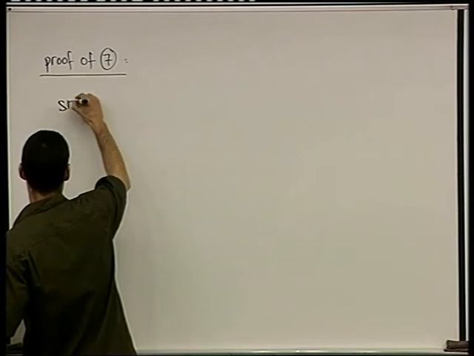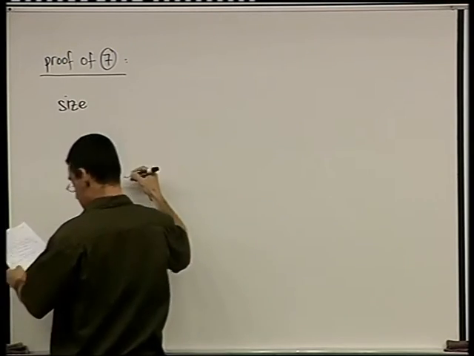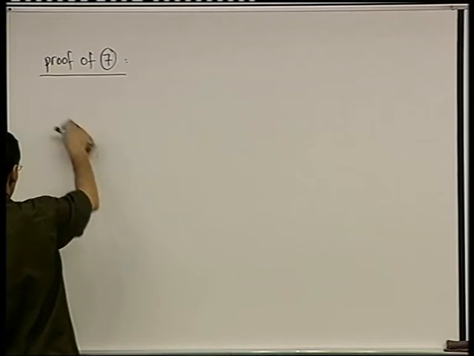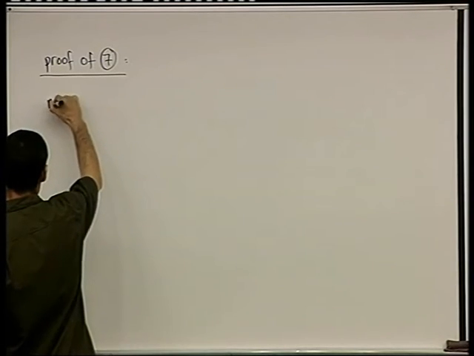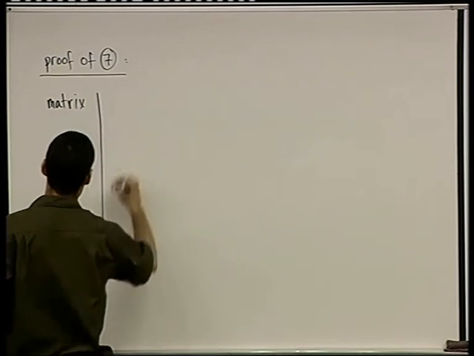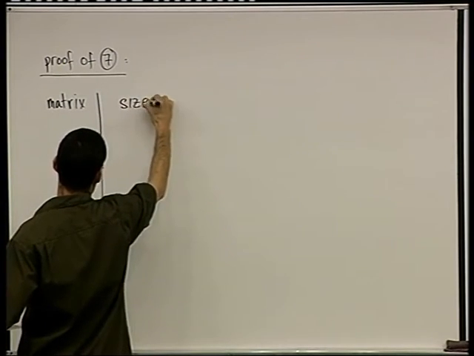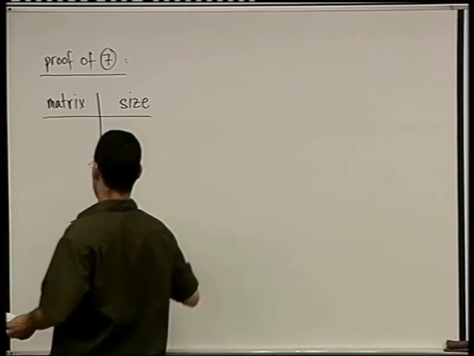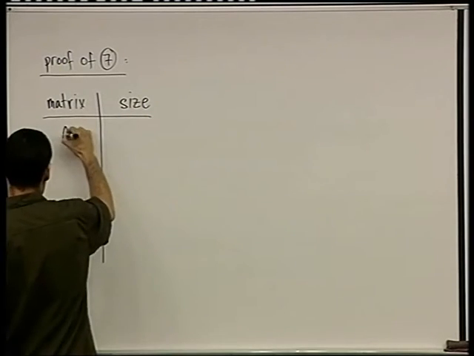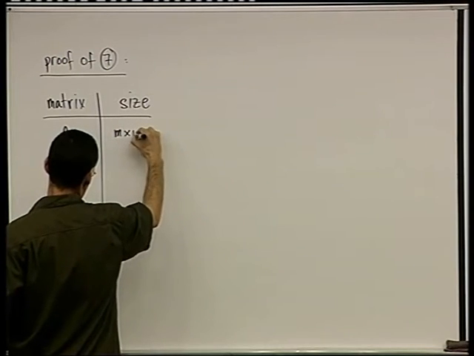So sizes. Let's do it like this. Let's make a little chart like we did last time. So there's going to be the matrix, and then there's going to be the size. And we need to show that both sides have the same size. So the matrix A is an m by n matrix.